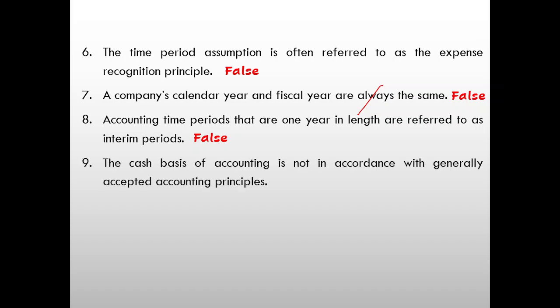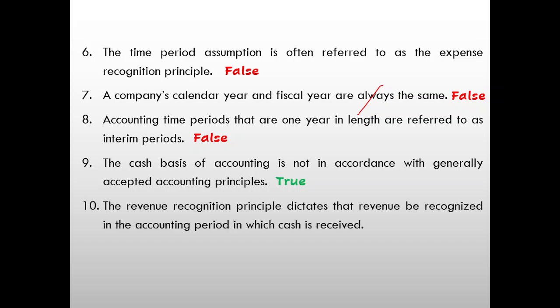The cash basis of accounting is not in accordance with generally accepted accounting principles. True. 10. The revenue recognition principle dictates that revenue be recognized in the accounting period in which cash is received. False. The revenue recognition principle will recognize revenue when performance obligation is satisfied by the business or by the company.